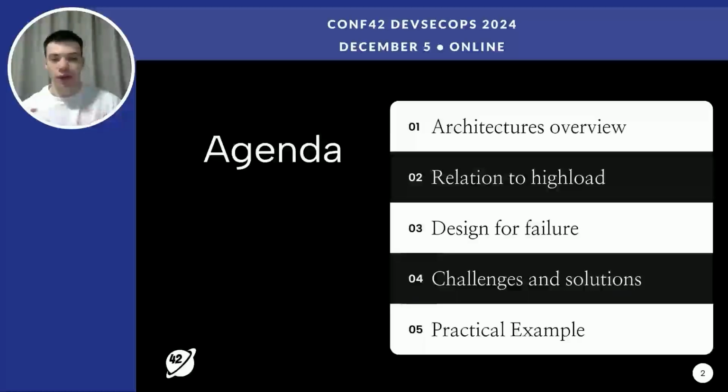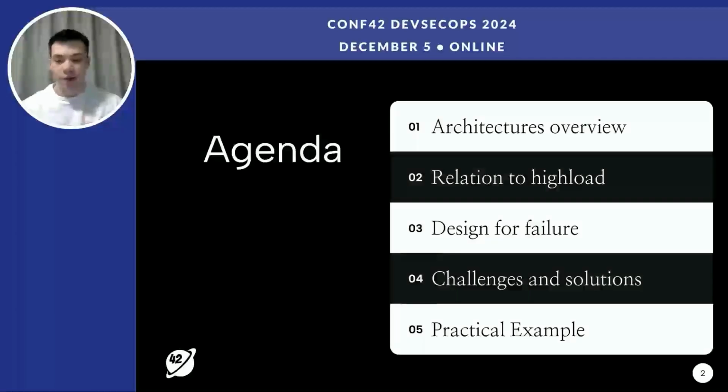Then, when we know how it is related to high loads, we're going to talk about design for failure. We're going to discuss what it is and how it's useful for our purpose. After that, we will go through main challenges, and we'll also talk about the solution for these challenges.